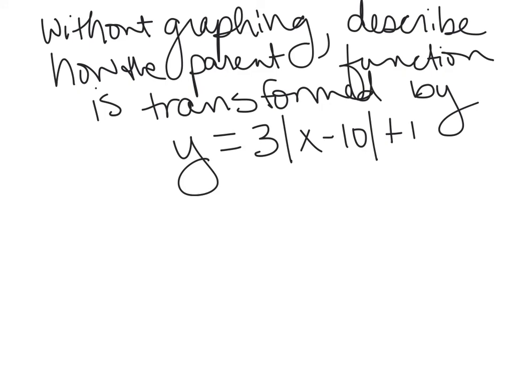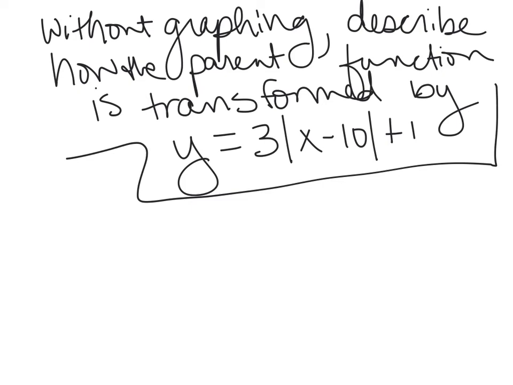So without graphing, we want to describe how the parent function is transformed by y equals 3 times the quantity x minus 10, plus 1. So this is kind of what we've been doing.